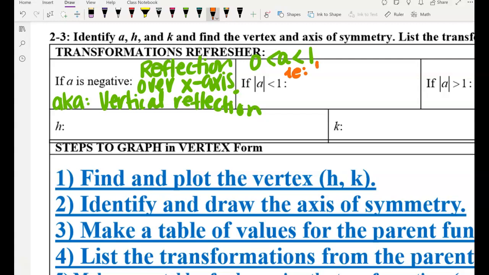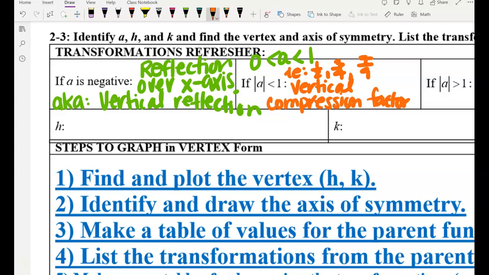So i.e. like 1/2, 3/4, 7/9. This is going to be a vertical compression, so vertical compression factor of the a amount, okay?